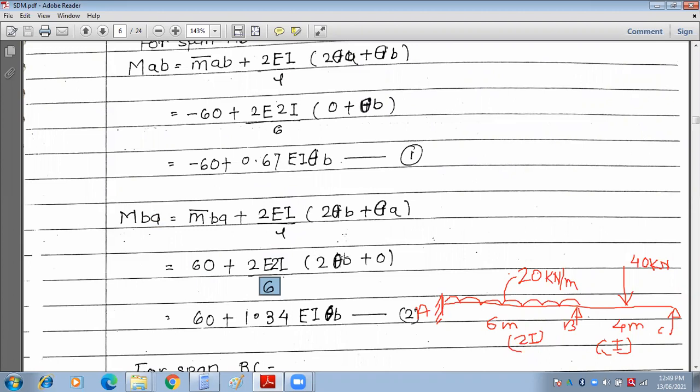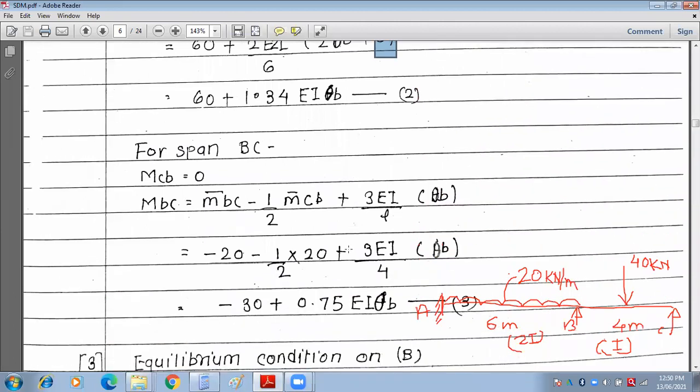Here 2 theta B and theta A, as support A is fixed, the theta value is 0, therefore this term is 0. Now simplifying, 2 multiplied by 2 divided by 6, the term will be 1.34 EI theta B. Let us name this equation number 2. Now we have equation number 1 and 2.